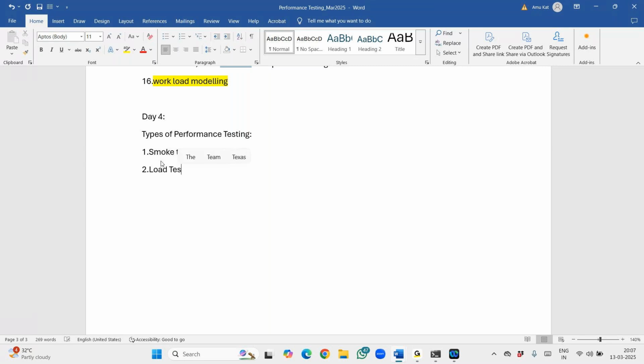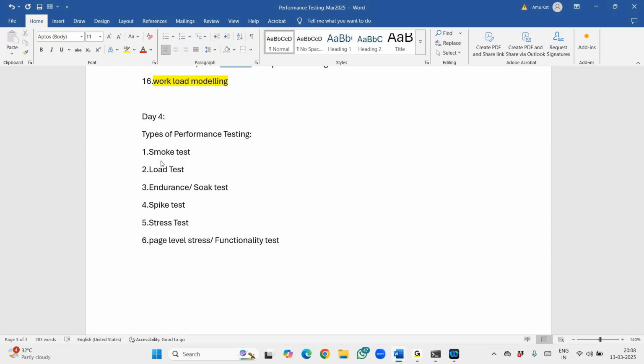One is smoke, load, endurance, which is also known as soak test, and we have spike test, stress test. We also have page level stress, which is also known as particular page functionality test.